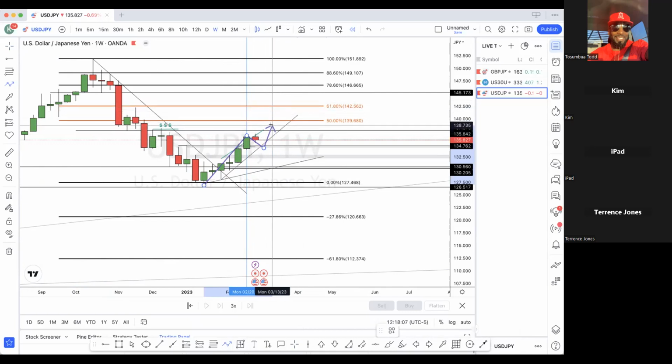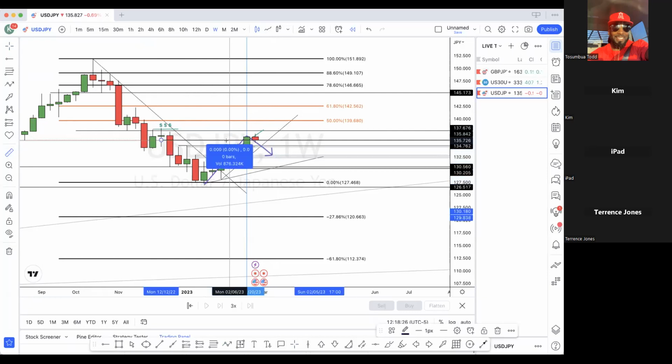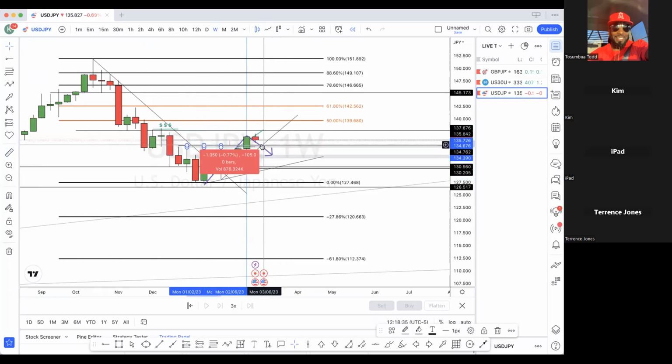So even if price started from right where it is right now, what's 100 pips back from where it closed? You're saying 100 pips pullback to the downside? Yeah, to the downside. I can't see it going 100 pips down from where it is right now.